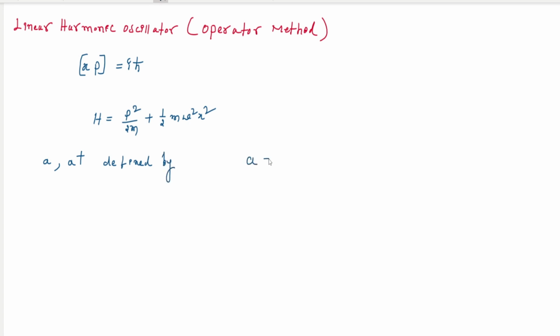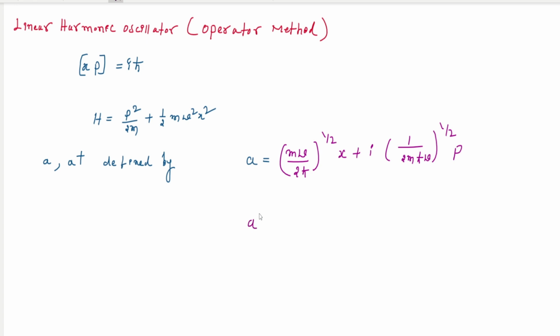A equals (m omega divided by 2h cross) whole power 1 divided by 2 into x plus i (1 divided by 2m h cross omega) whole power 1 divided by 2 into p.